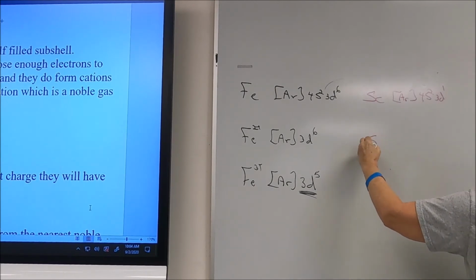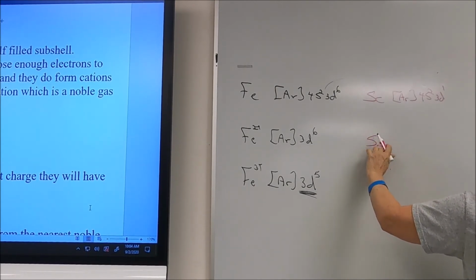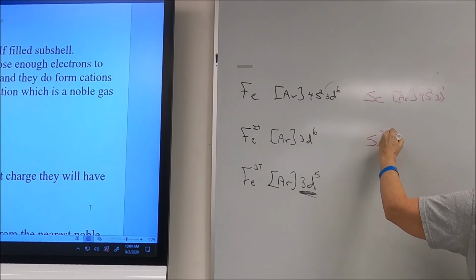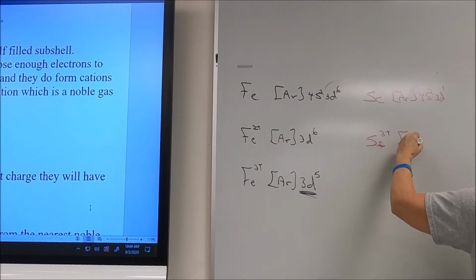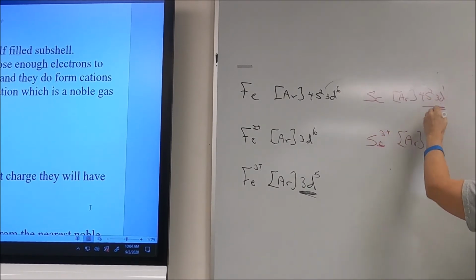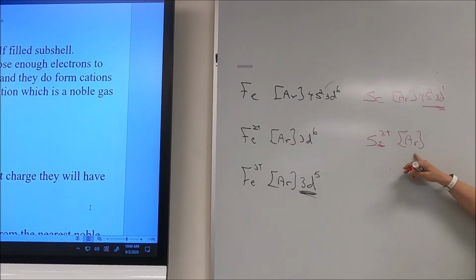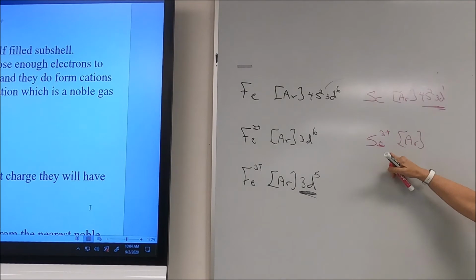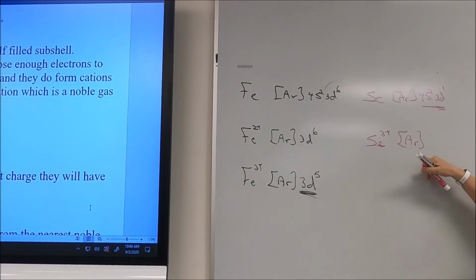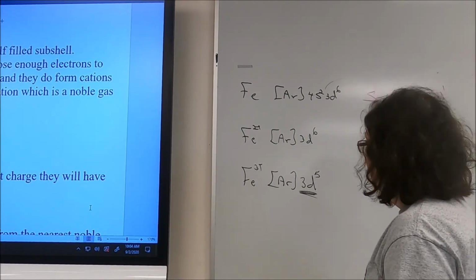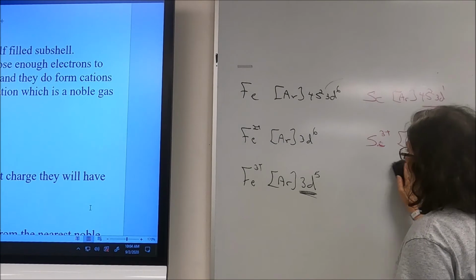Well, scandium can actually form a 3+ ion and lose all of those electrons and have an electron configuration identical to argon. Scandium is one of the few transition metals that can get itself to look exactly like a noble gas. Okay? But different transition metals are going to have different charge states.